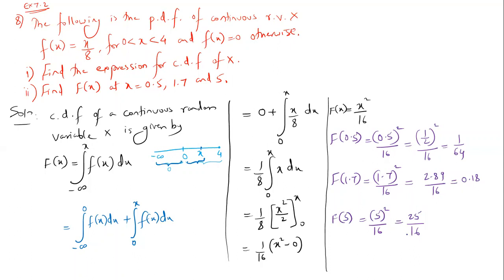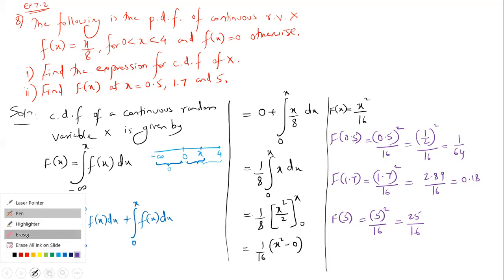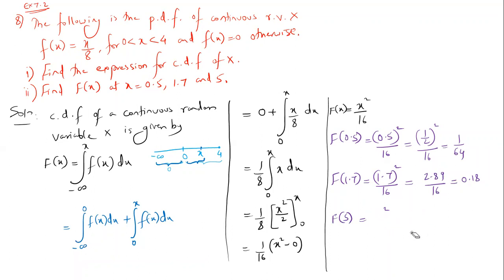But now you need to understand the function at x equal to 5 will be 1. Why is it so? Because eventually you can see the function is defined from 0 to 4. So this will not be a case where we substitute the values.